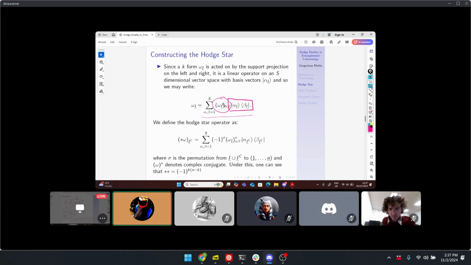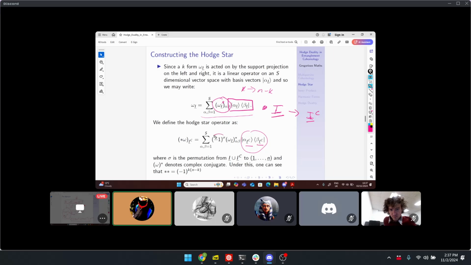What we do with these coefficients is we take the complex conjugate, and because we want to go from k-forms to n minus k forms, instead of acting on this length k subsystem I, we take the complement, which takes us down to a length n minus k subsystem, and we do the same procedure.